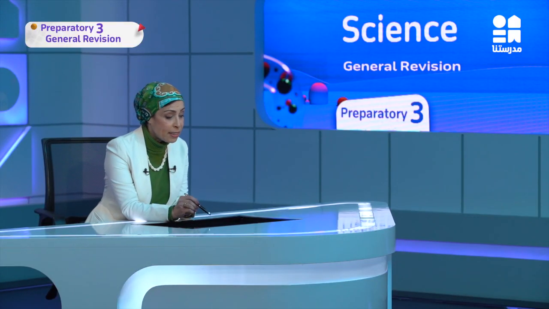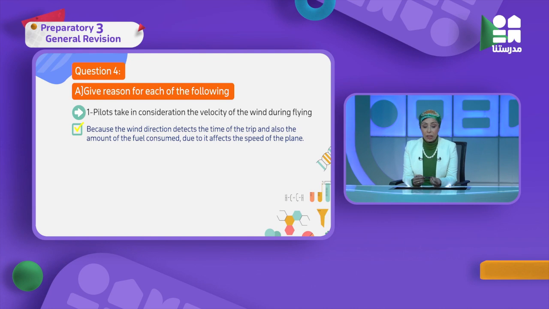So the answer is because the wind direction affects the time of the trip and also the amount of fuel that affect the speed. So two things: the fuel and the time taken for the trip or the journey.